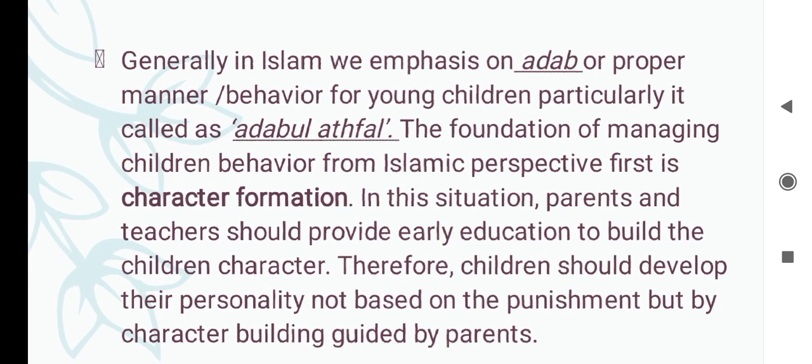In this situation, parents and teachers should provide early education. So how to form the character? Before you correct the behavior, first you need to put a foundation, you need to guide, you need to teach. So in order to do that, parents and teachers should provide early education to build the children's character.